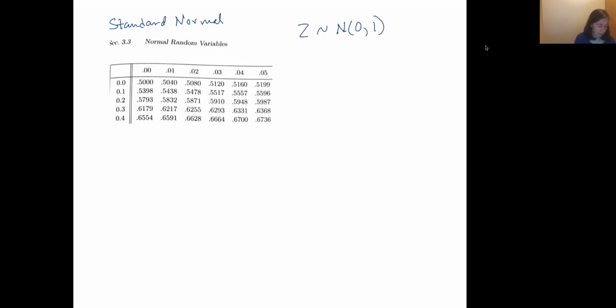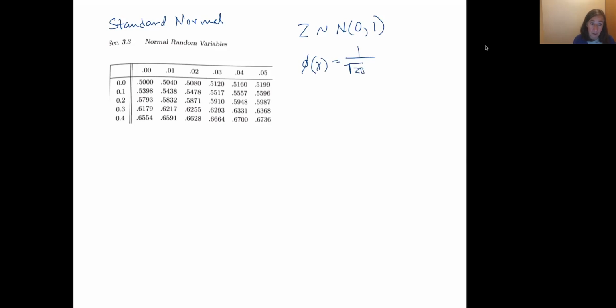They're both 1 there. Other notation that is almost ubiquitous is to write the PDF of z as lowercase phi of x. Okay, so that would be our normal over root 2 pi.